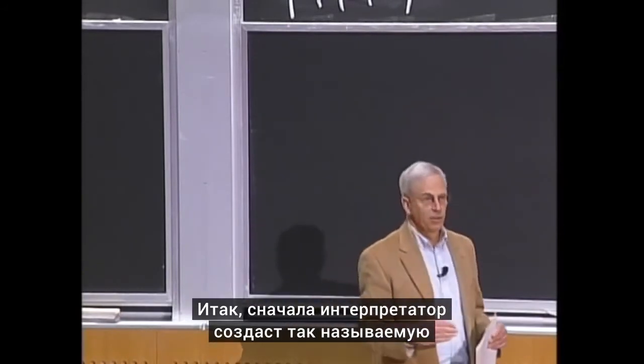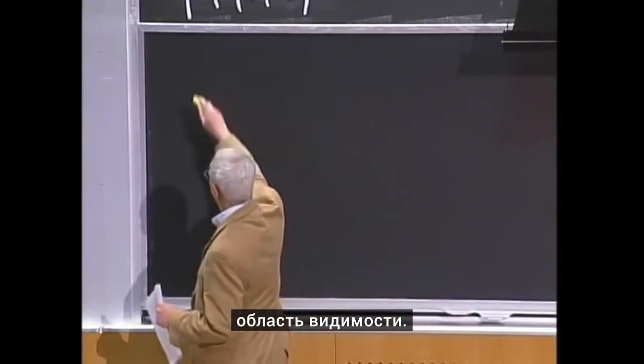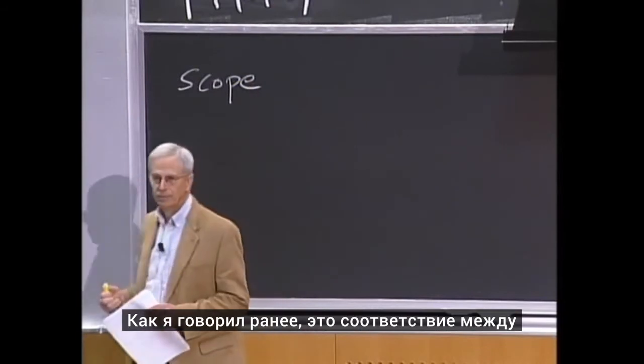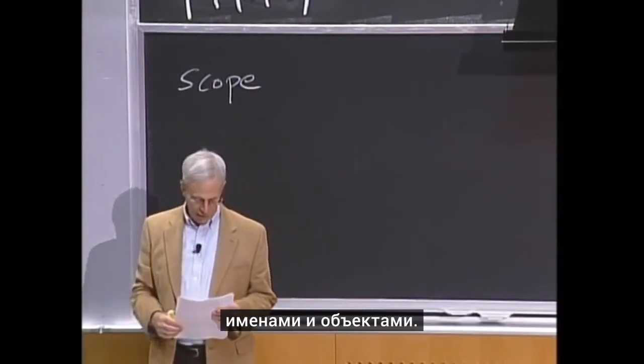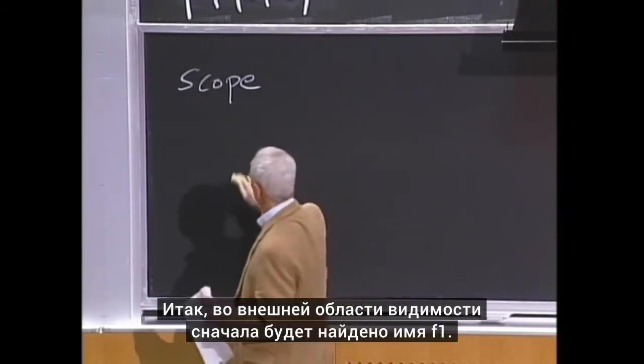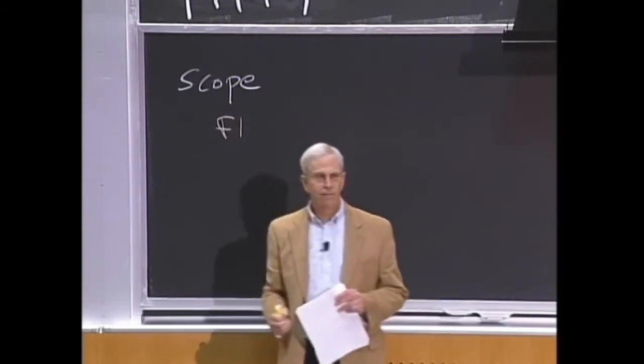So the first thing that will happen is the interpreter will build for me what's called the scope. I've already mentioned that. That's a mapping from names to objects. So in the outermost scope, it will first find the name F1.